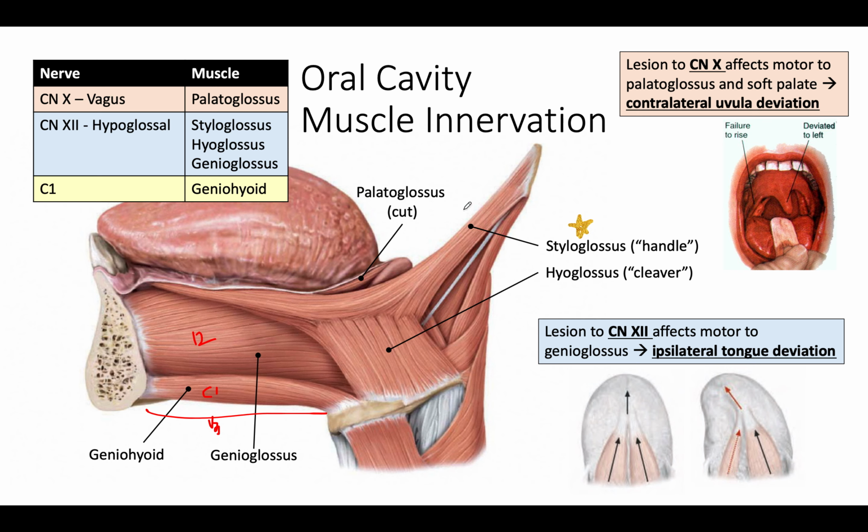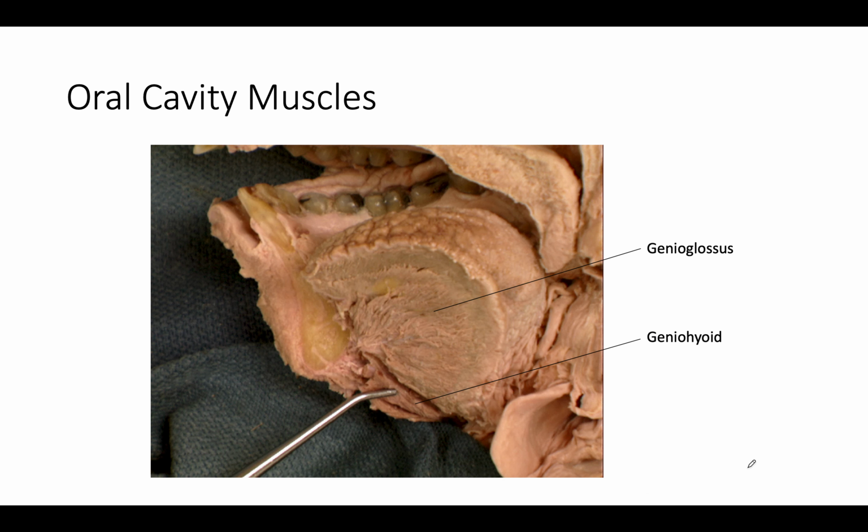And then hyoglossus and styloglossus again, cranial nerve 12. Okay, here's our oral cavity. Here it is again. So mylohyoid, geniohyoid, and genioglossus. And genioglossus is basically our tongue.